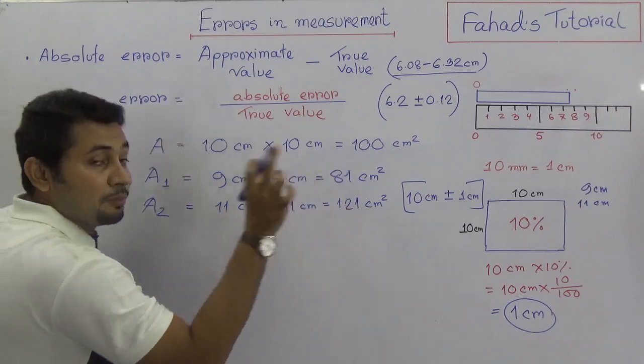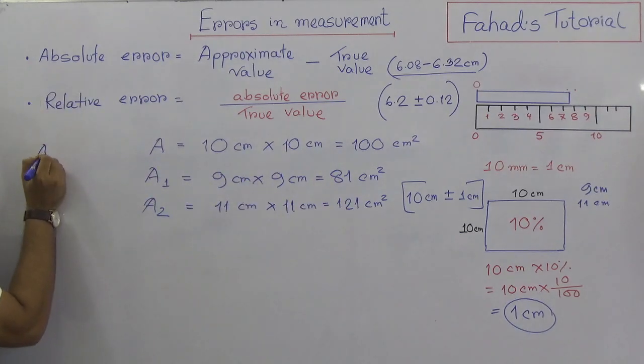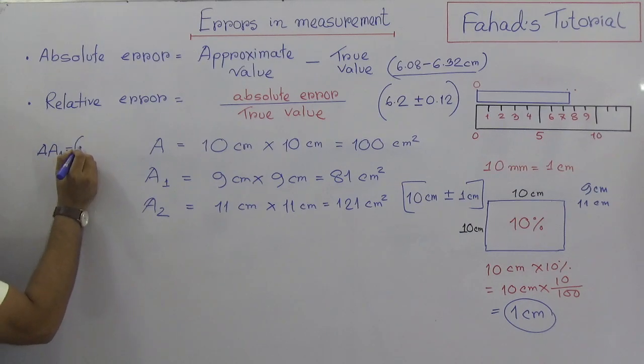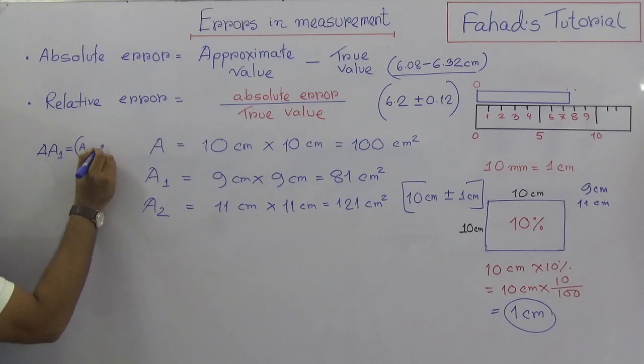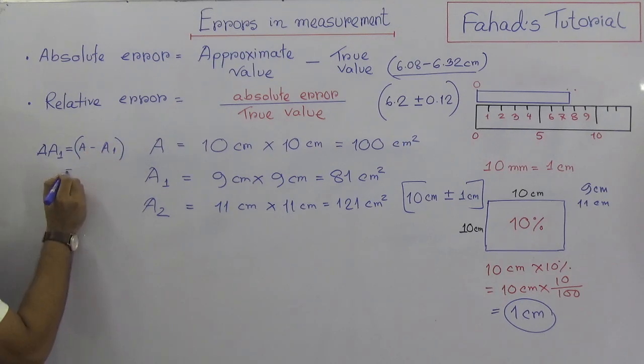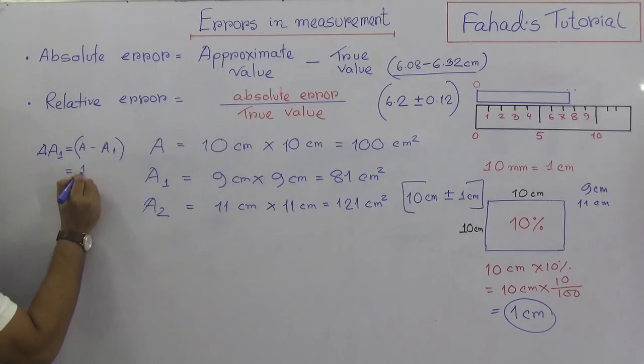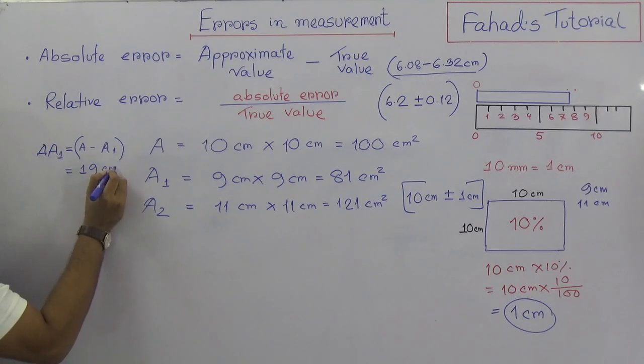The smallest deviation, del A1, is A minus A1, that is 100 minus 81, which is 19 centimeter square.